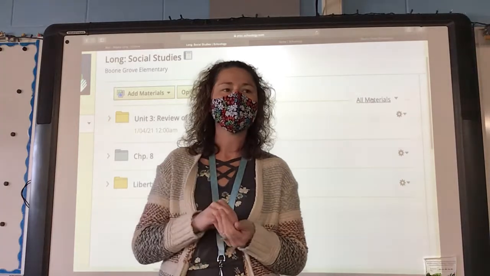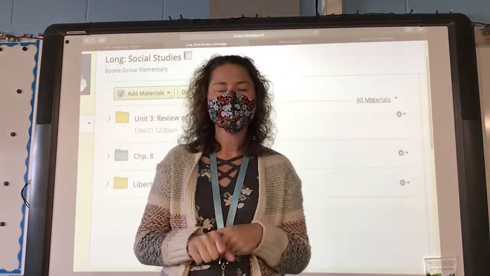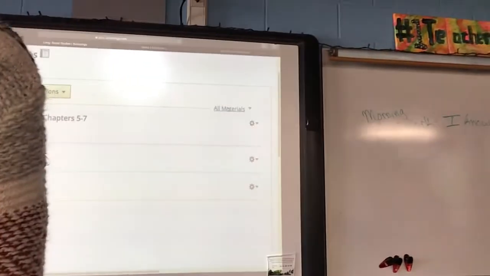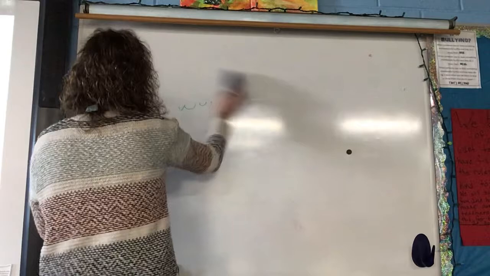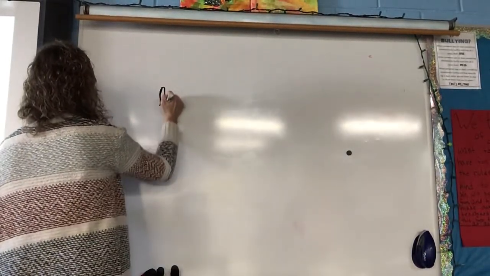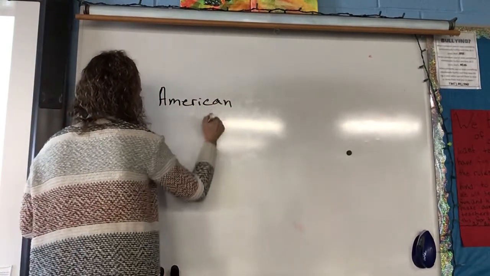On the cover of your folder, you're going to want to put your name. Then you might want to write American Revolutionary War, Chapters 8 and 9. I'm going to come over here and write that on the board so you can see how to spell it. American.